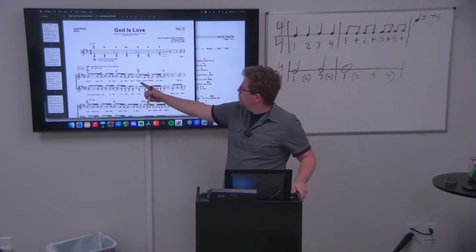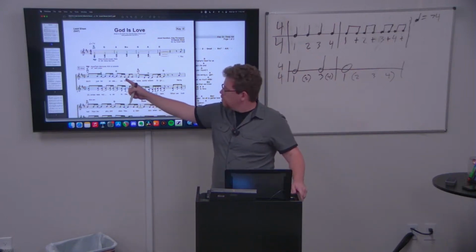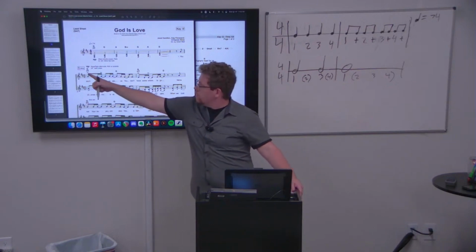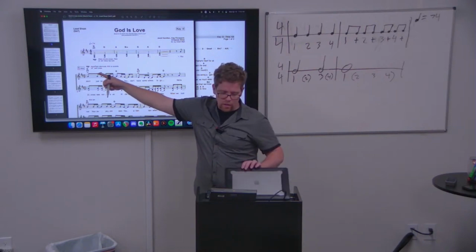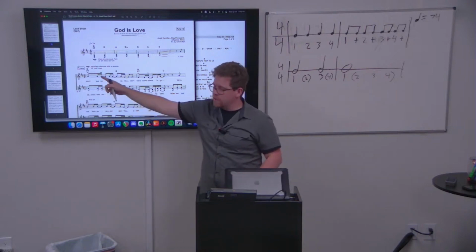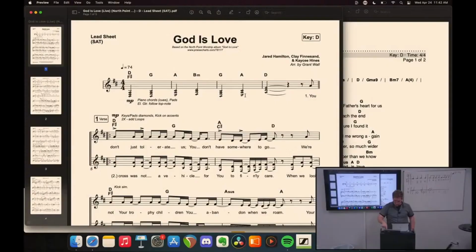But what we'll see here is we actually have some notes on here that have not just one flag connecting them together like we had in our eighth notes, but this one's got 2 flags. Let me show you that screen up close. So here we have the word don't, and that note has a single flag on it. And then you have just tolerate us.